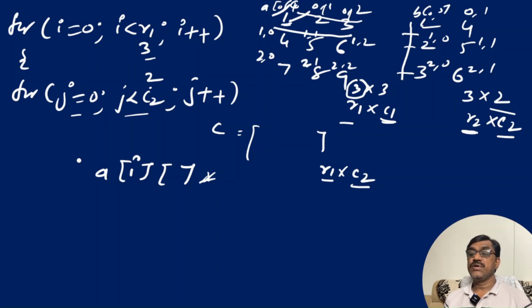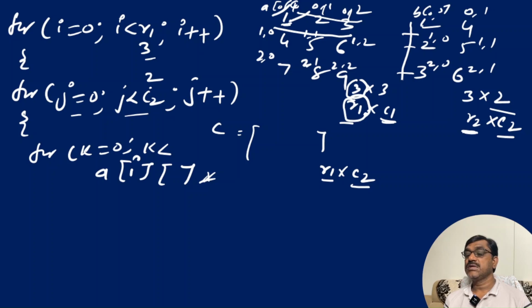So in this case, we need another loop, that is for k equals 0 and k is less than... A very important thing is, if you consider the order of the matrix, the result C order is R1 and C2. But what about this C1 and R2? I said that C1 and R2 are equal.